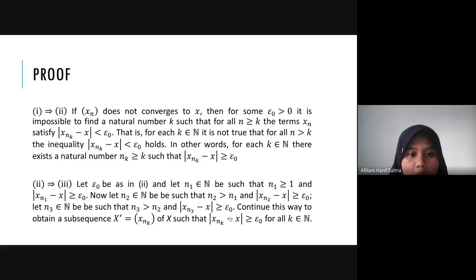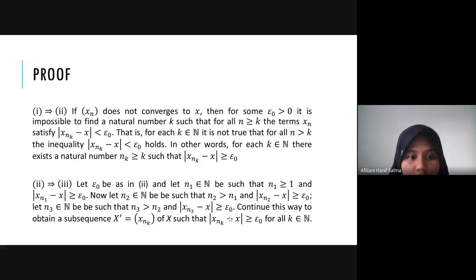let epsilon_0 be as in the second, and let n_1 in natural numbers be such that n_1 is greater than or equal to 1 and the absolute value of x_{n_1} minus x is greater than or equal to epsilon_0. Now let n_2 in natural numbers be such that n_2 is greater than n_1 and the absolute value of x_{n_2} minus x is greater than or equal to epsilon_0.